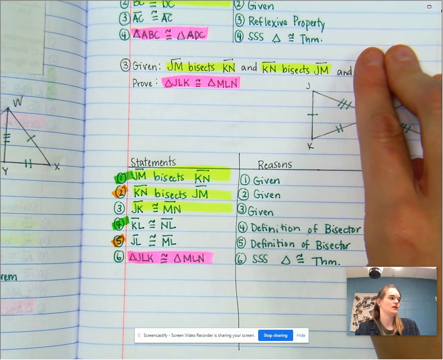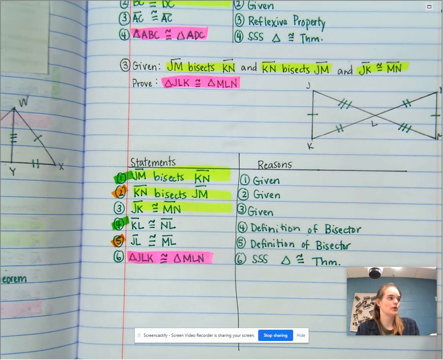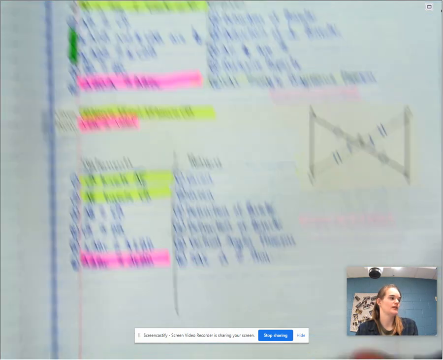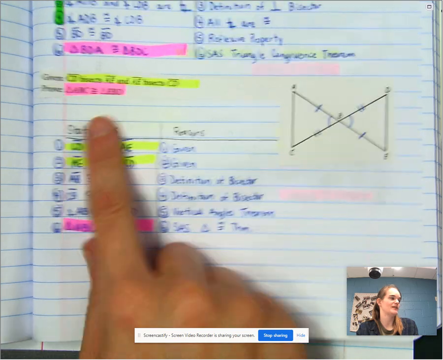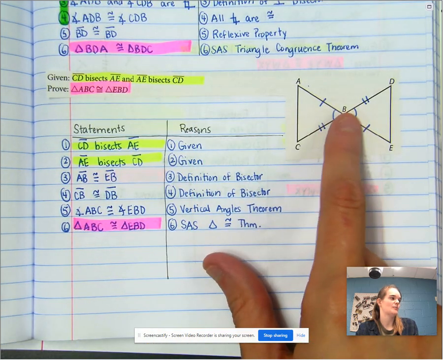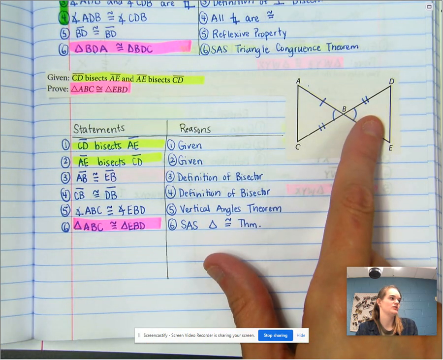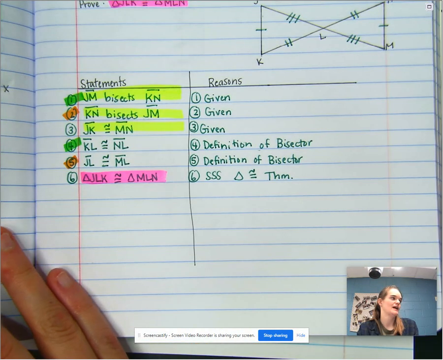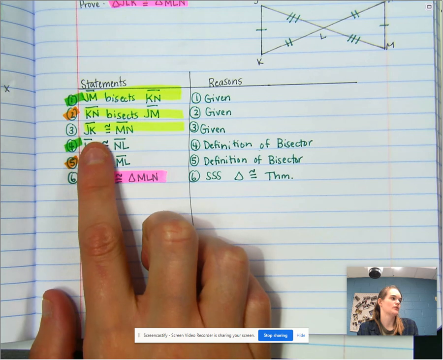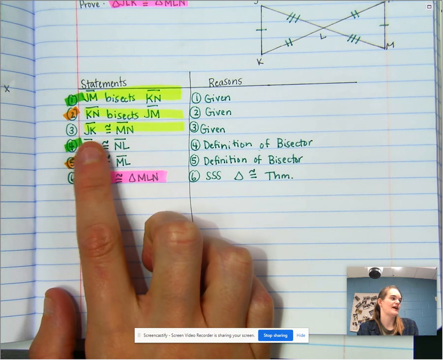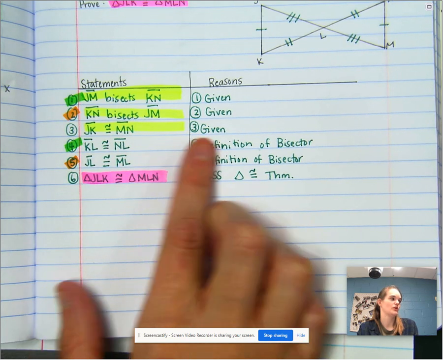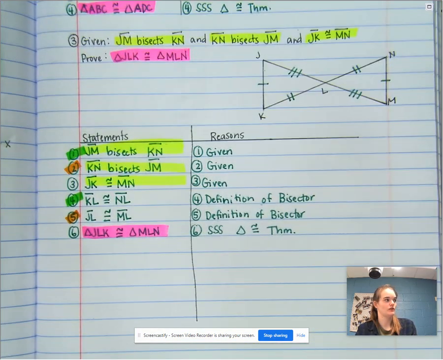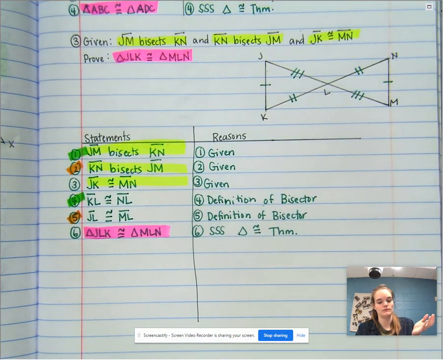However, if they hadn't given you this, your proof would have looked like this, where they gave you the bisect, but we said, hey, these opposite vertical angles are congruent to each other. You could have done the exact same thing over here, and instead of number 3, you would have put that the angles are congruent because of vertical angle theorem. So that's nice to know that you could have done it a different way.